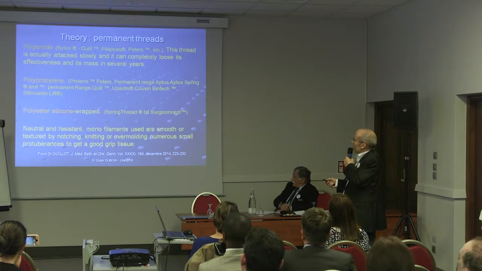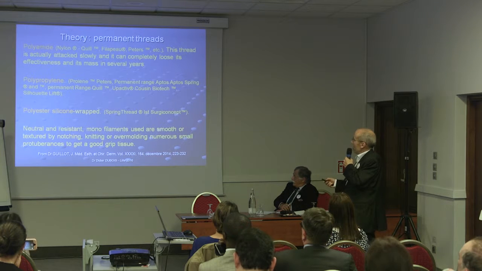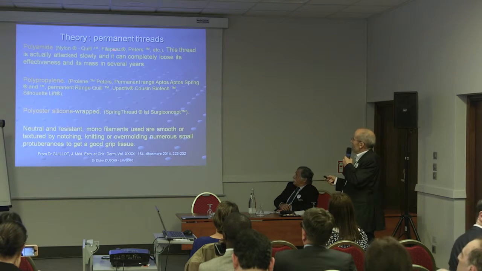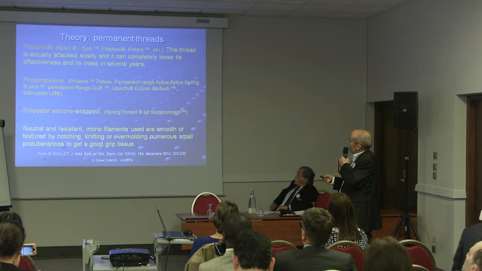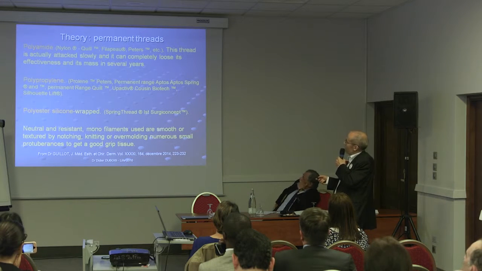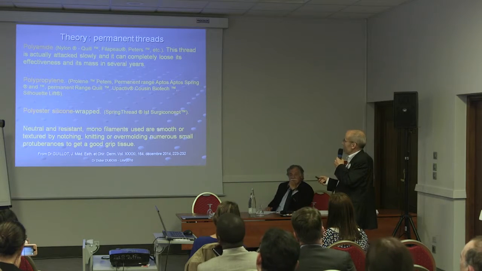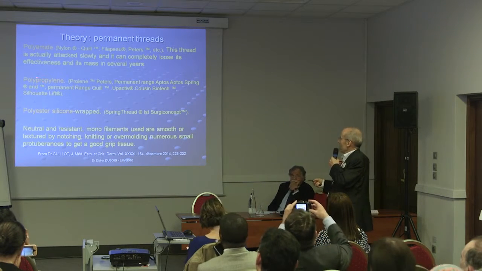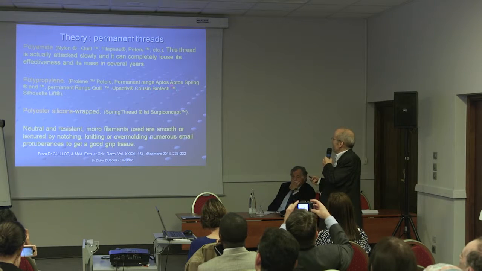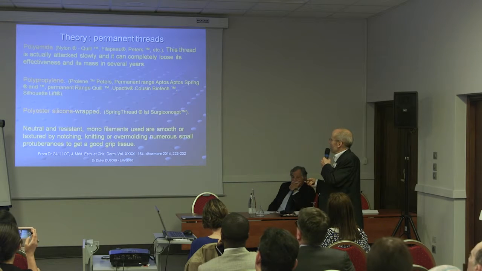So, quickly remember theory. For permanent threads, you have polyamide. They are not so permanent, but they slowly resorb in several years. You have polypropylene, Prolene, and quill, active, and silhouette lift.